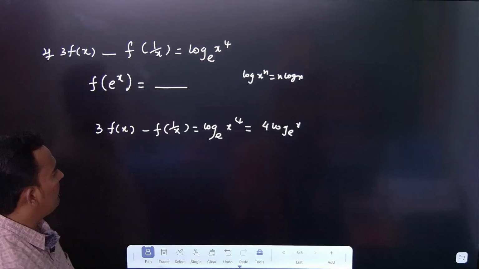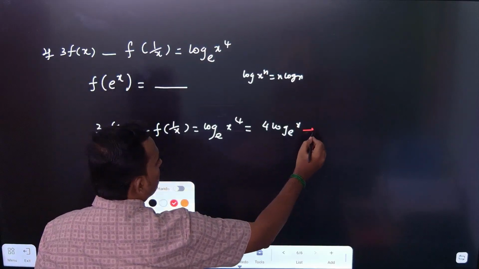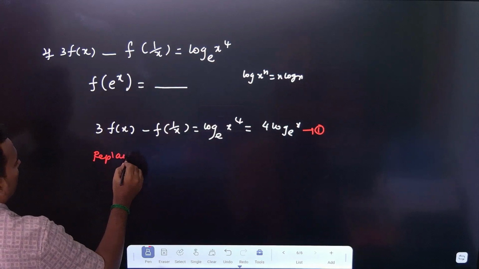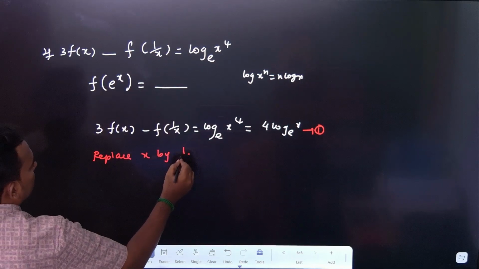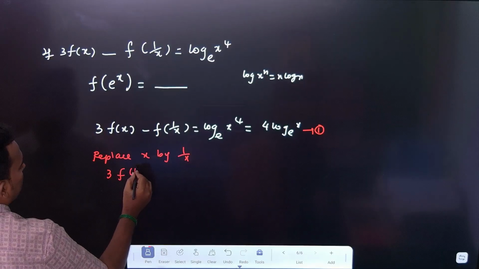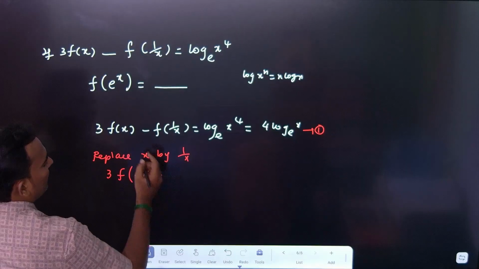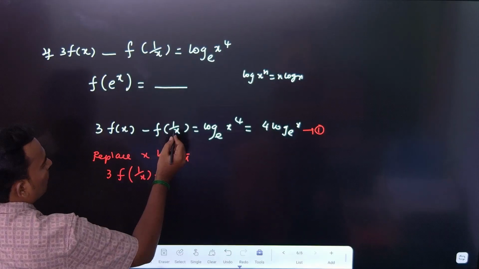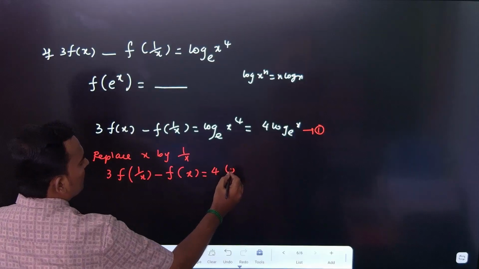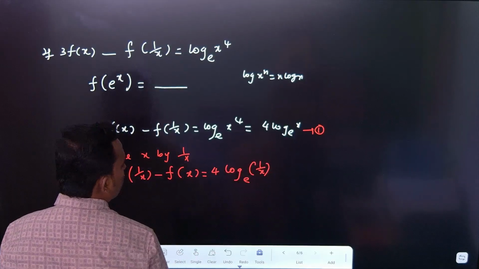This is 4 times log x base e. Okay, and then next, this is the first equation. For the second equation, replace x by 1 by x. What will we get? 3 times f of 1 by x minus f of x, right? Just replace x by 1 by x. 1 by 1 by x is x. So f of x is equal to 4 times log 1 by x base e.